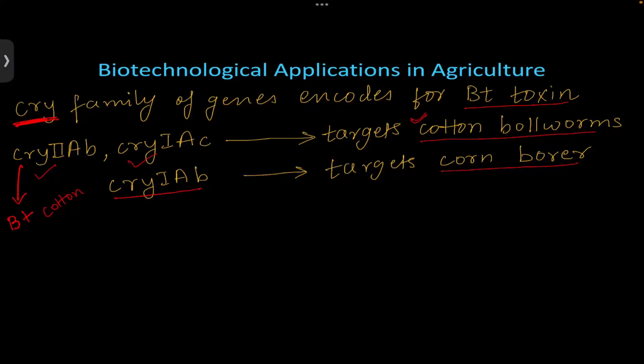Similarly, people have incorporated this Bt toxin gene, or the gene coding for the Bt toxin, in various types of crops and made Bt cotton, Bt corn, Bt rice. Okay, so these are new genetically modified crop varieties, etc.